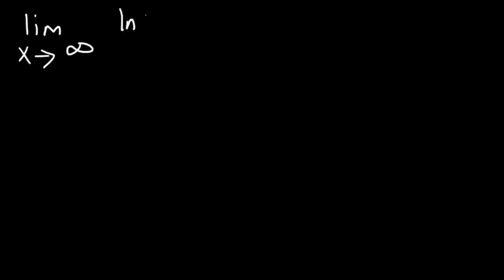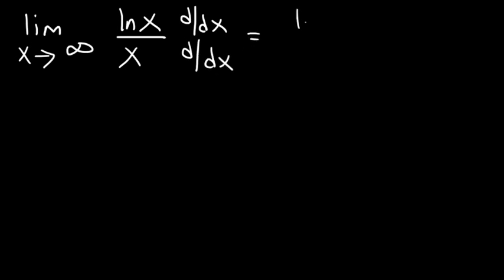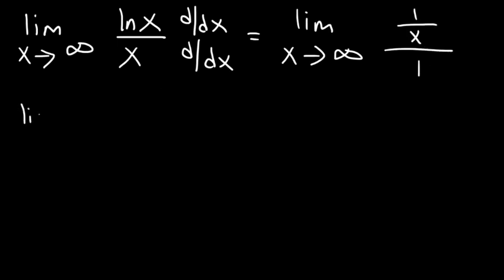Suppose I have limit x tends to infinity, log of x, that is natural log ln x, log x base e, divided by x. So if I put infinity there, then log infinity is infinity and divided by infinity is also there. So what I will do, I will find the derivative of numerator as well as derivative of denominator. So let me write the next step. Limit x tends to infinity, derivative of ln x, that is 1 by x, and derivative of x is 1.